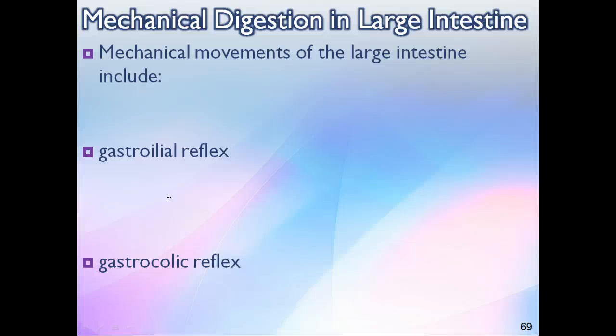We have more localized haustral churning that is going to churn up and help absorb the nutrients, the electrolytes and water. And then varying degrees of peristalsis, which is going to move the fecal matter through the colon, depending on what's happening in the rest of the digestive system.